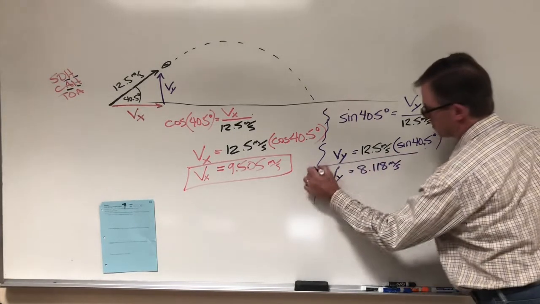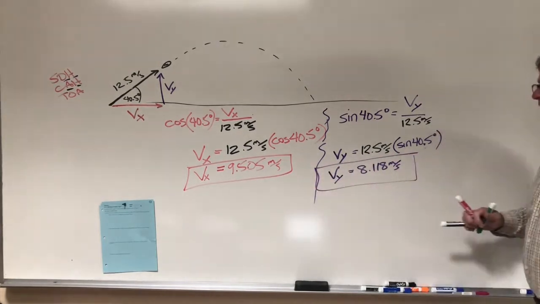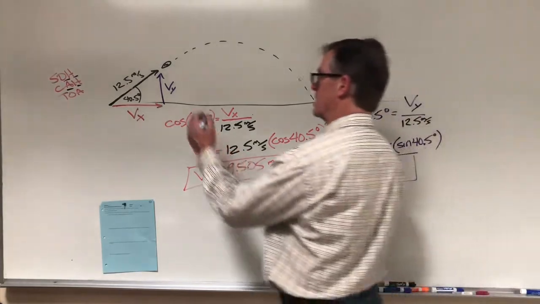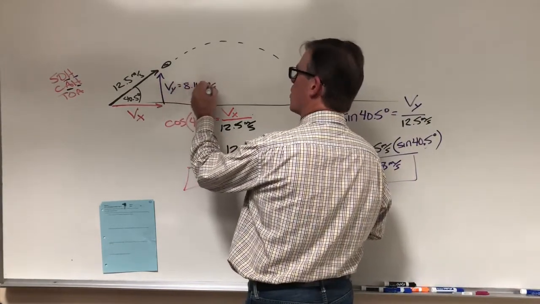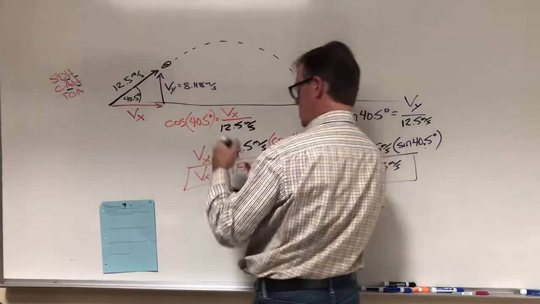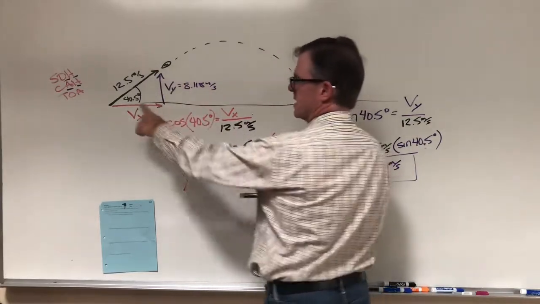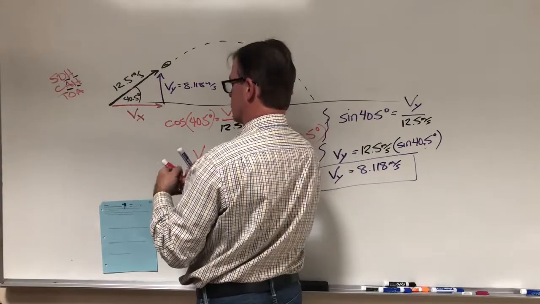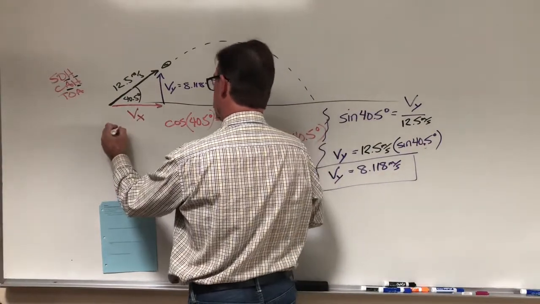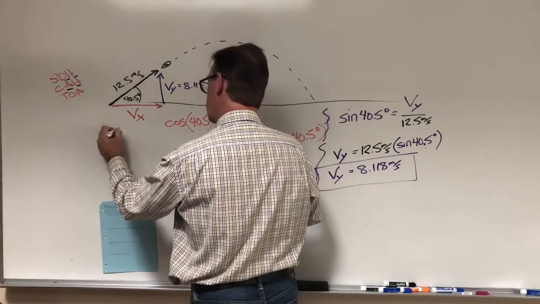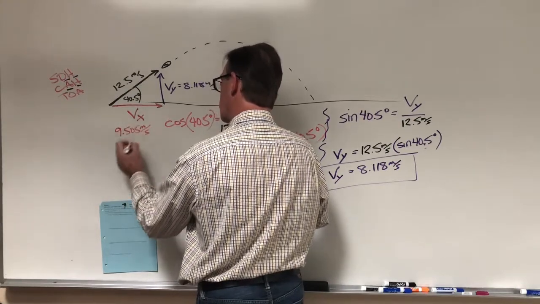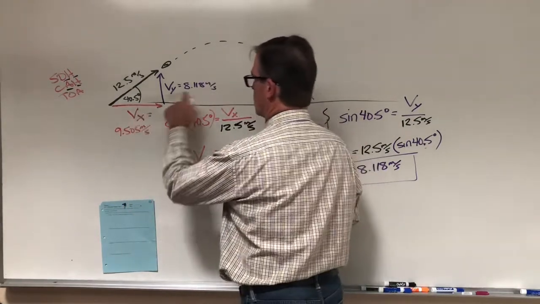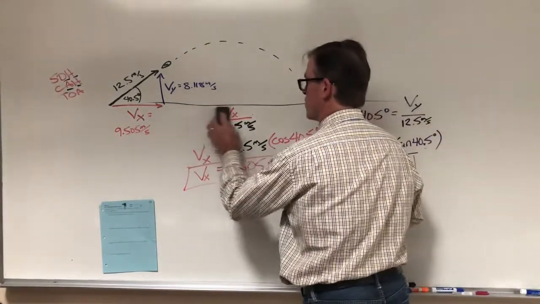Why did we do this? Why did we break the 12.5 into its x and y components? Now, if I'm reporting these, I might round them off to 3 sig figs because the angle and the hypotenuse velocity were known to 3 sig figs. But I'm just going to leave these as 9.505 for now and 8.118. So why did we do that?